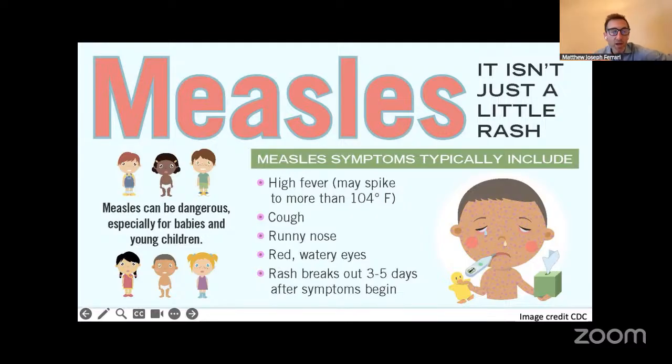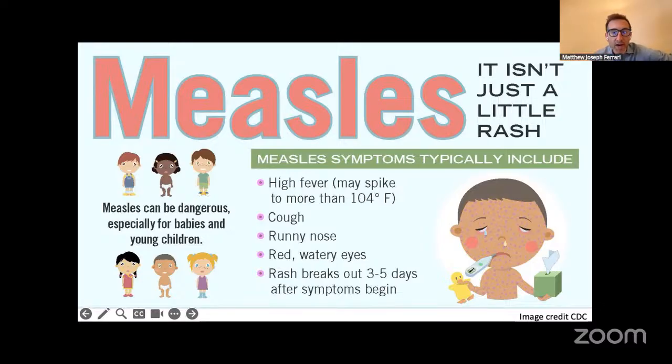So even though the US has officially eliminated measles, which means that we haven't had 12 months of continuous transmission, we've seen an increasing number of outbreaks and increasingly large outbreaks year on year.